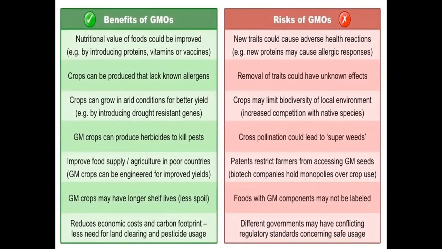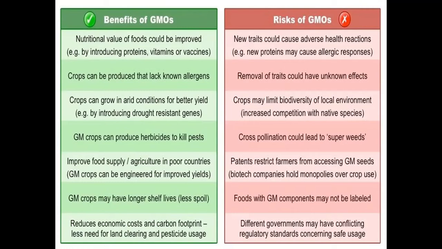Crops can produce allergens, but we can shut it down, or we can avoid some allergens by using genetic modifications. And the rest we have discussed earlier. So we can also reduce the economic cost and carbon footprint by using genetic modification, by using the technique of bioremediation. Bioremediation can be used to clean large scale spills.